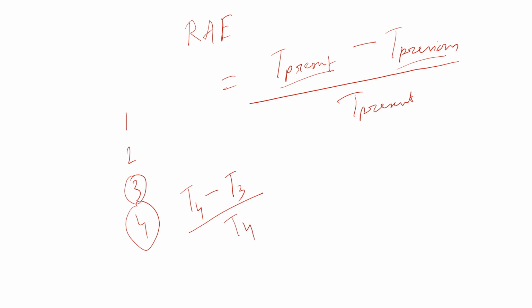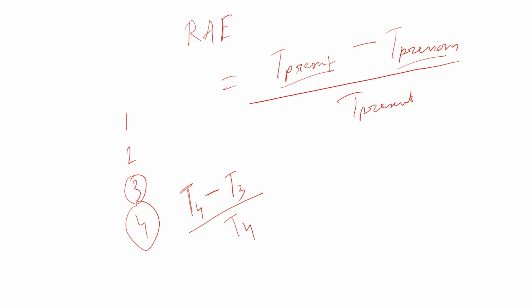So T present means the temperature after you have calculated the temperature at each of the internal nodes at the present iteration. And the previous iteration will certainly be the previous iteration. In this case, after the 4th iteration, you have found out the temperature T4.